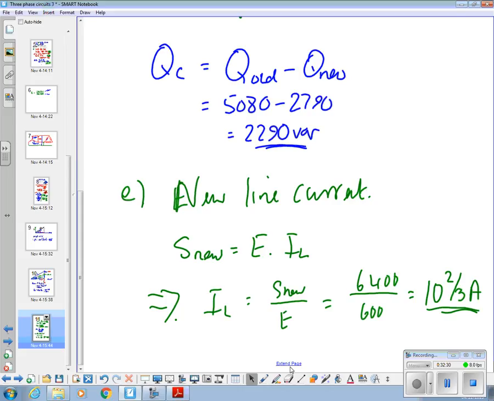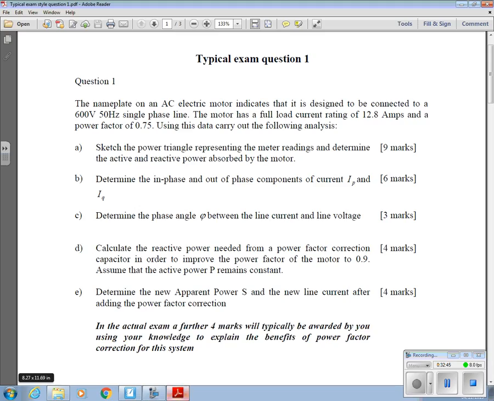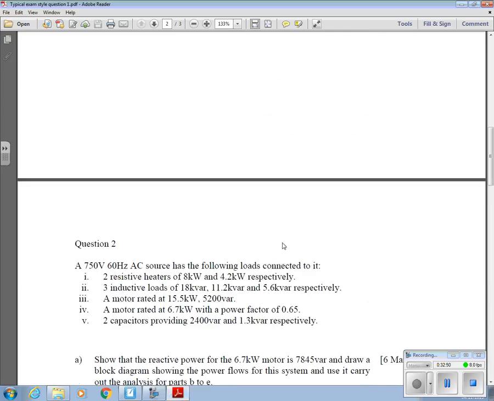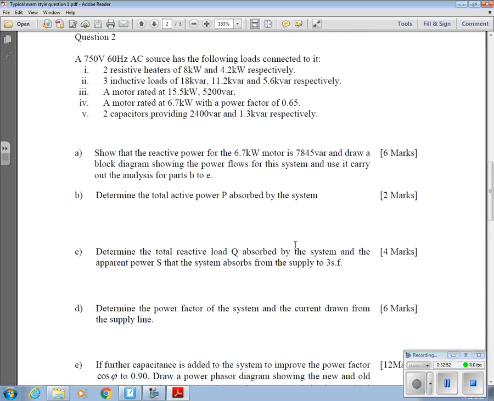Okay, so that is typical exam question number 1. Typical exam question number 2. Let's just take a look at it and see what we've got to do.